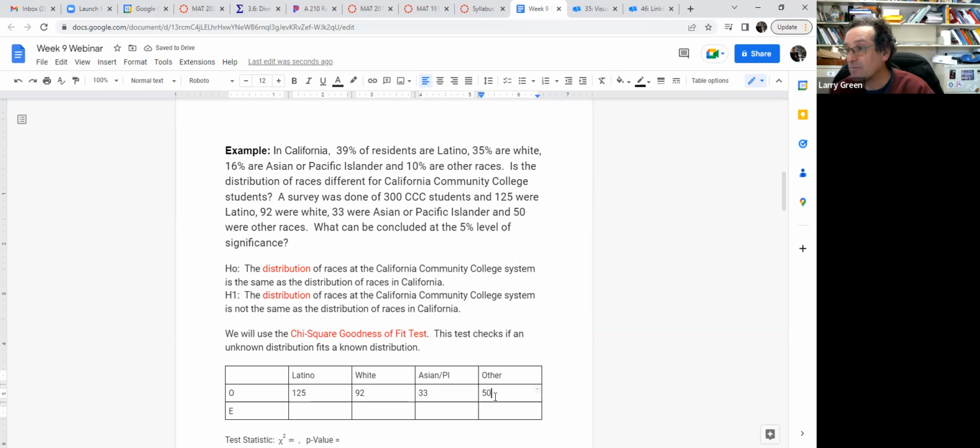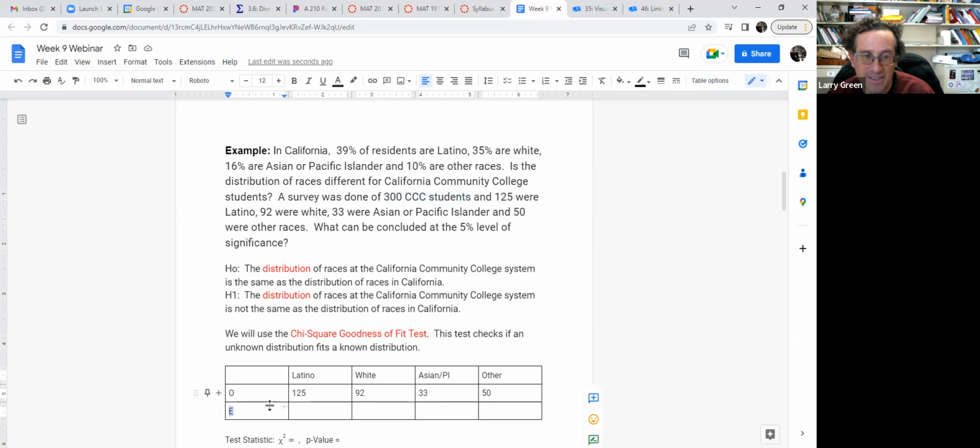Any questions so far? Okay, so that's the easy one because you just type in the numbers that were given. The other one's not so hard. You just have to understand what to do. We say, well, if H0 is true, so if the community college system was the same as California, and you surveyed 300 California community college students, how many would you expect?